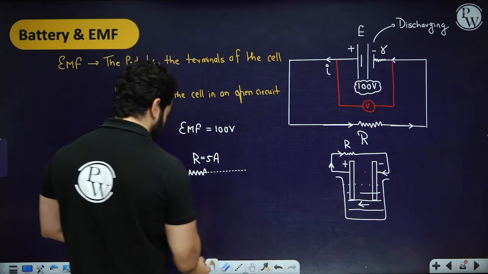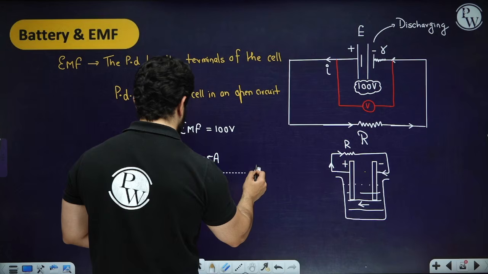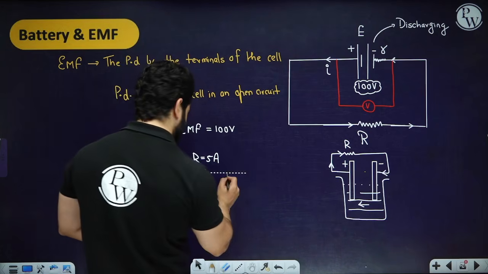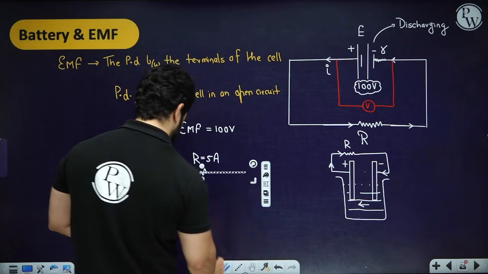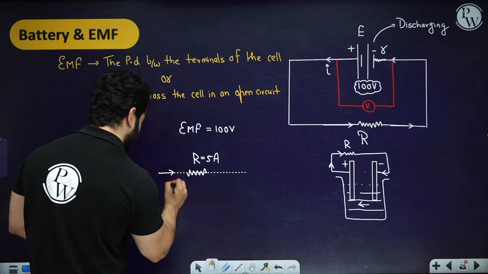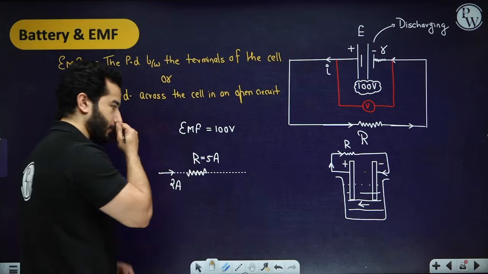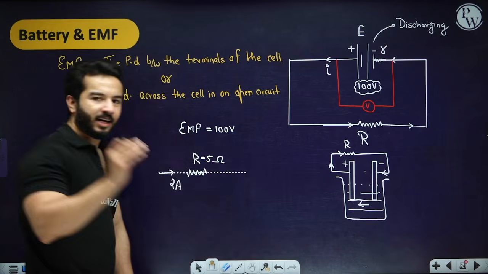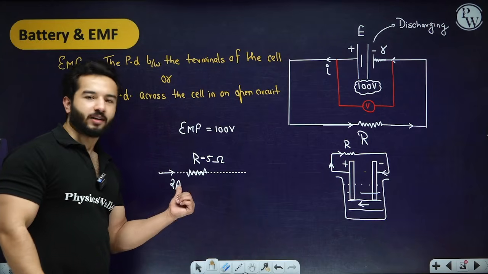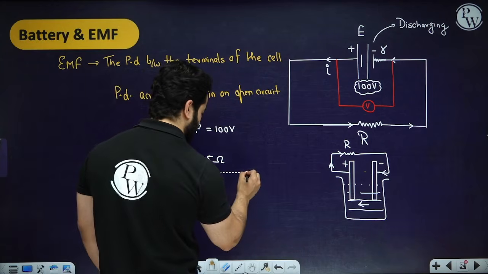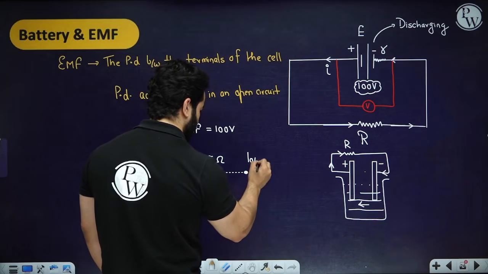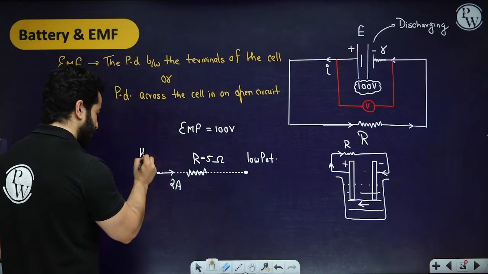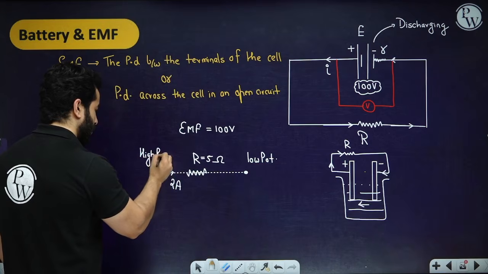Now what does this mean? As soon as you see the direction of the current, you know that this side is the high potential and this side is the low potential.